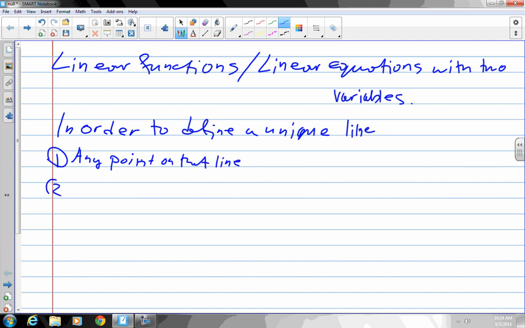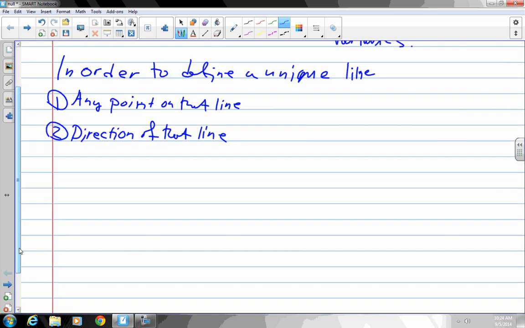And direction of the line. And in other words, slope. So if you have a slope and a point, you get yourself a line. 95% of the time, it'll define a pretty looking line.